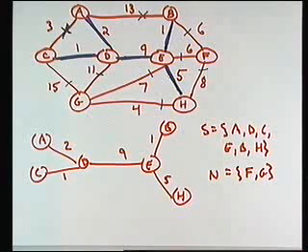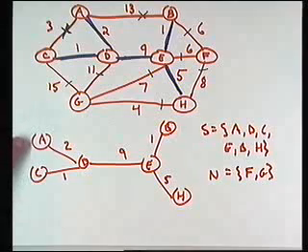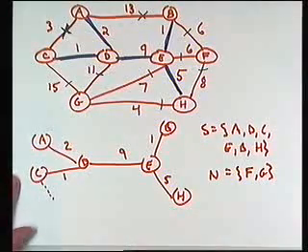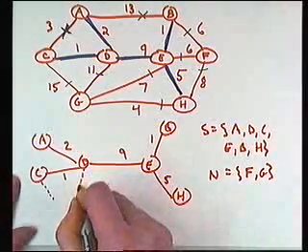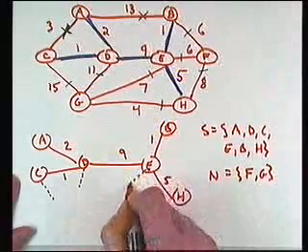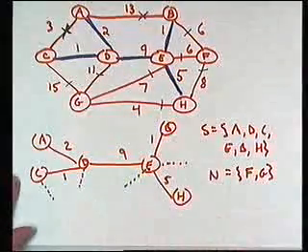So now we start pass 6, and we ask ourselves again, what are the edges that go from set S to set N? And the answer is, well, anything that goes from A to F or G, there are no such edges. Anything that goes from C to F or G, and there's one such edge that we've considered a few times now. Anything that goes from D to either F or G. Anything that goes from E to either F or G, and there's 2 such edges.